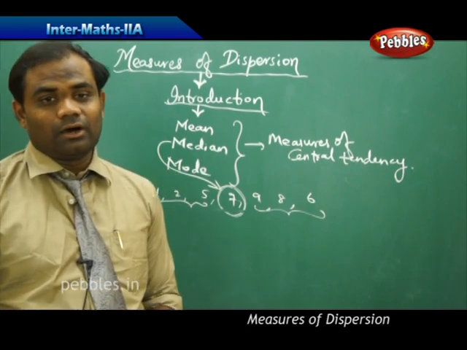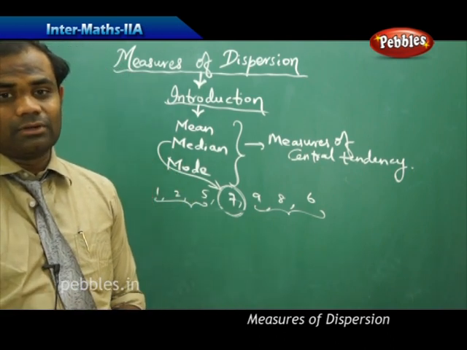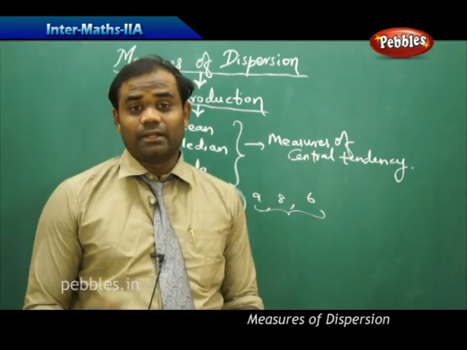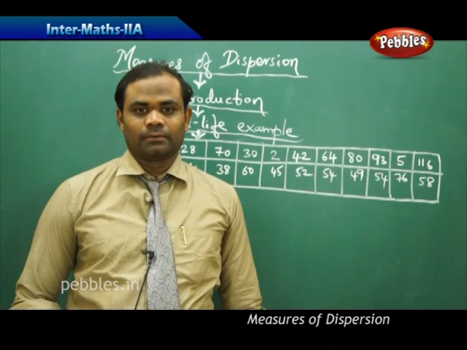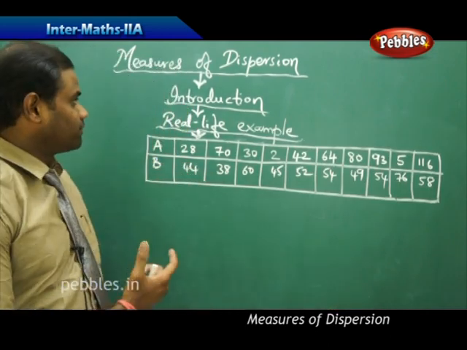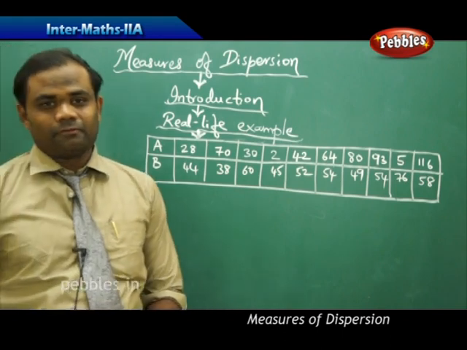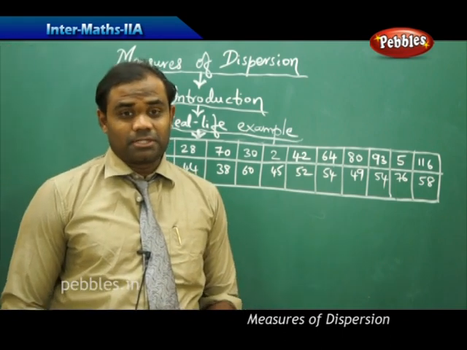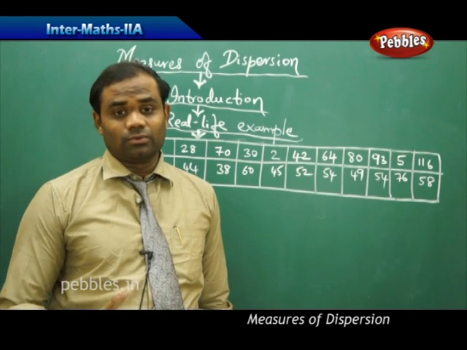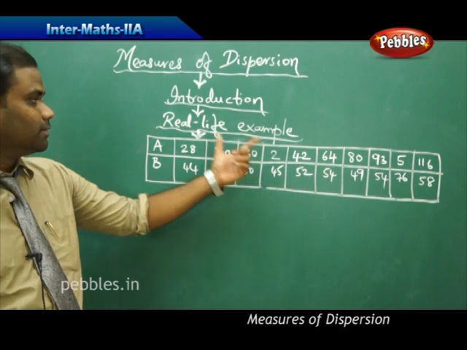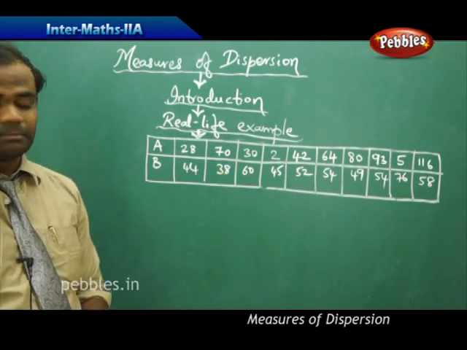So let's see why we need to find the measure of dispersion through a live example in real life. Why do we need to consider the measure of dispersion when we do a statistical survey of the data points is the biggest question, which is supported through this real life example.